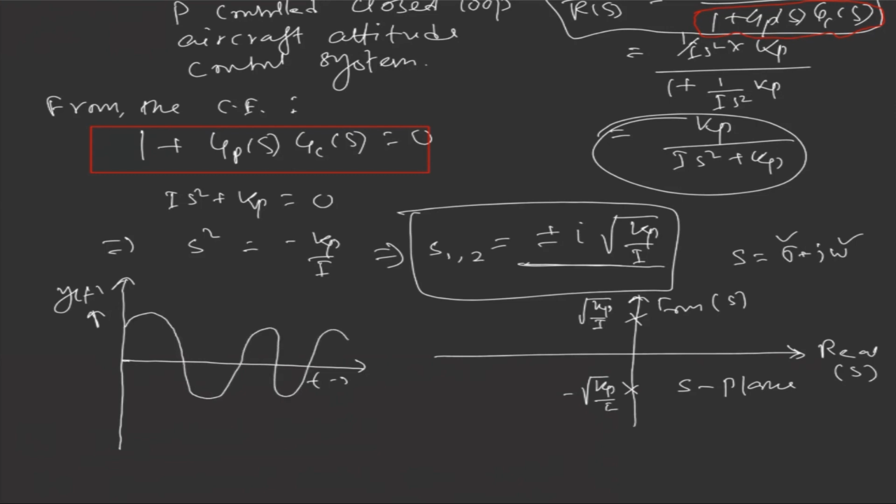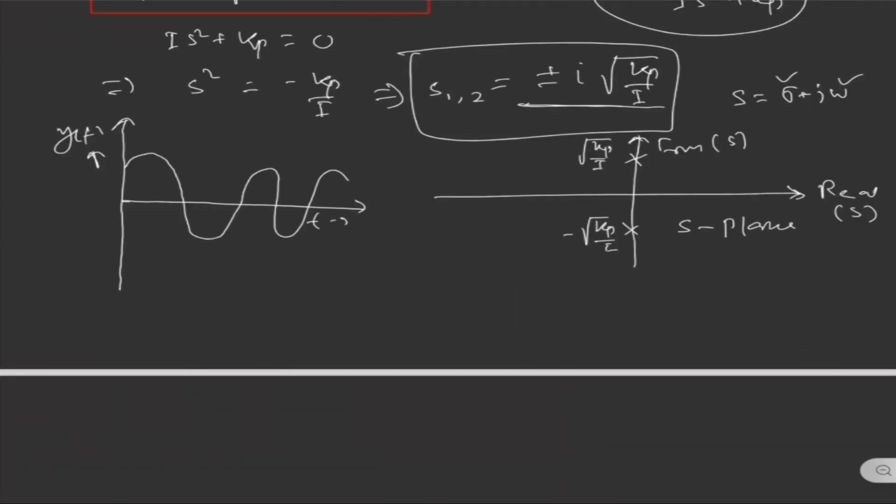So it will be oscillatory without decay in the response. So what is the takeaway from this example? If you use proportional control in our control block, the response will be oscillatory behavior. The response is oscillatory.